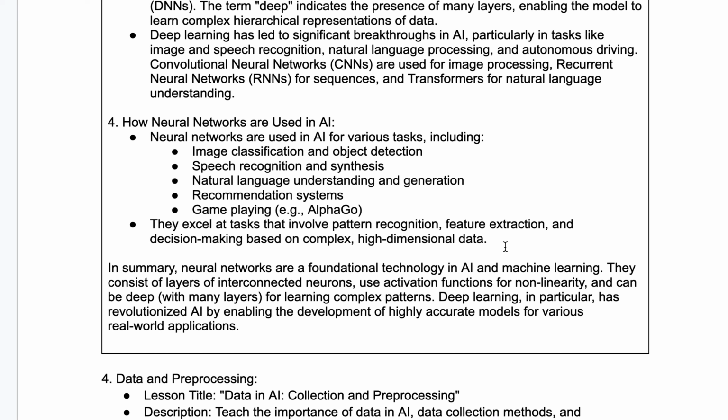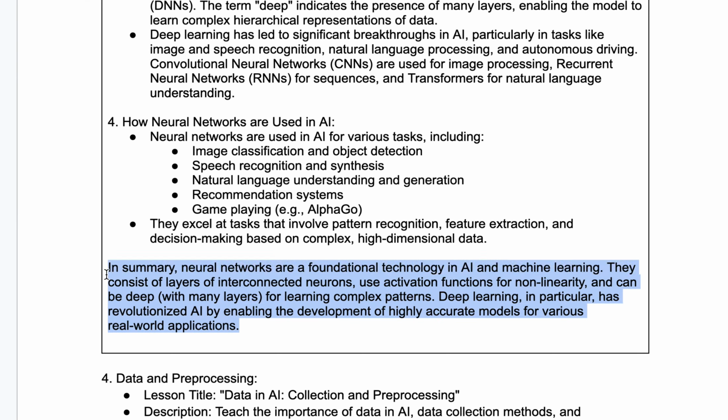In summary, neural networks are a foundational technology in AI and machine learning, and they consist of layers of interconnected neurons, activation functions for nonlinearity, and can be deep, with many layers, for learning complex patterns. Deep learning in particular has revolutionized AI by enabling the development of highly accurate models for various real-world applications, which we are enjoying now in so many ways.